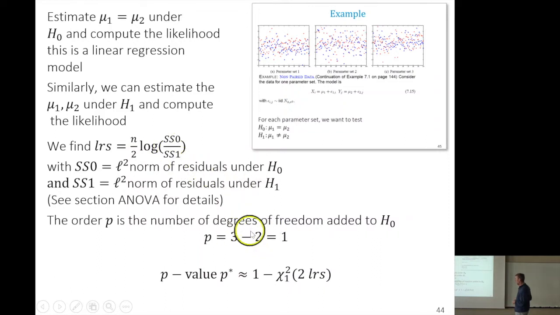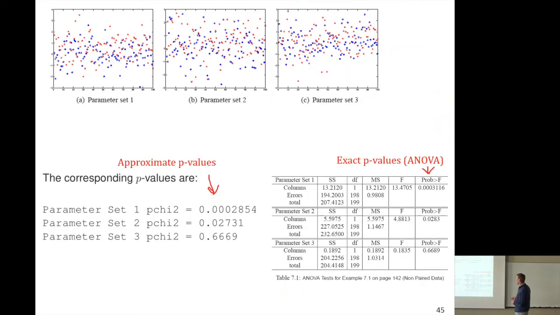And the number of degrees of freedom, the difference would be 2 instead of 1, if I have 2 sigmas to estimate under H1. So this method is completely generic. We don't have to stick to those oversimplifying assumptions that are typically made with ANOVAs. So I applied this here, and I obtained for these 3 parameter sets the 3 p-values that are obtained with these asymptotic formulas here.